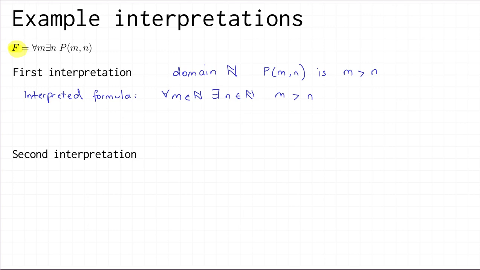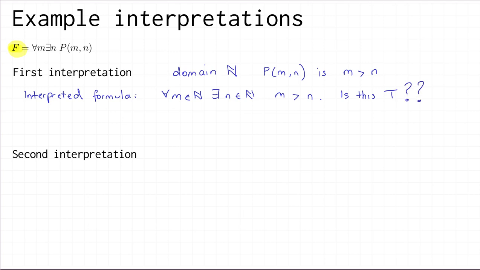Okay, so we now can decide whether this is true or false. And to decide whether this is true or false, we can use the rules for determining the truth or falsity of interpreted statements that begin with the for all quantifier. So what we're asking here is, is this true?